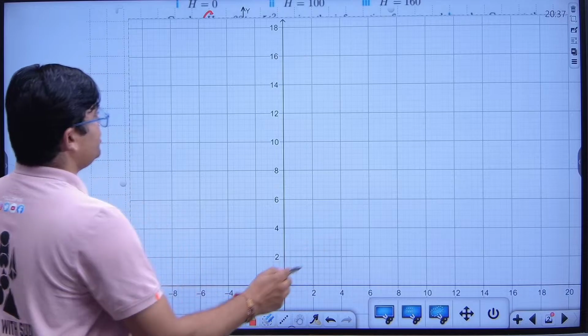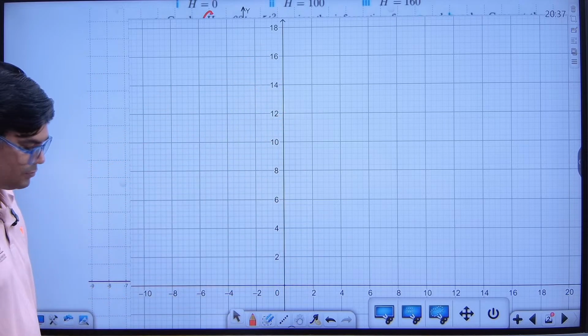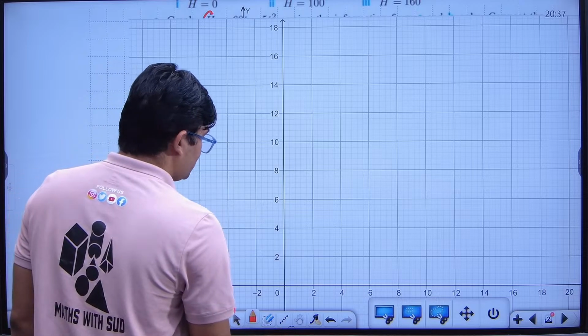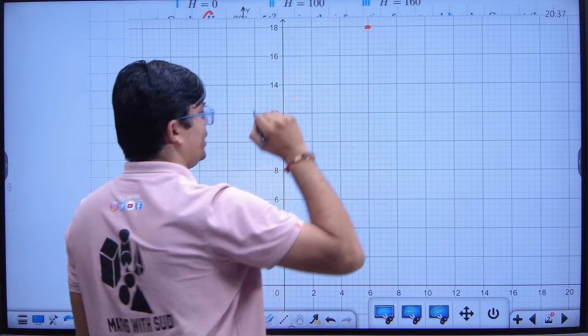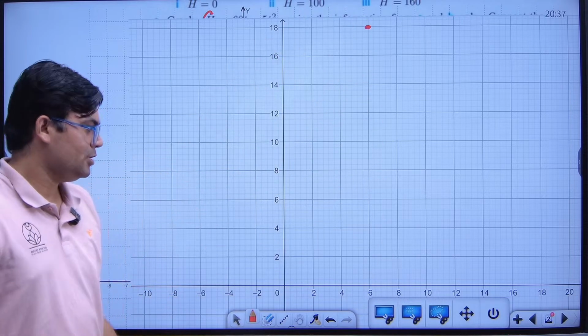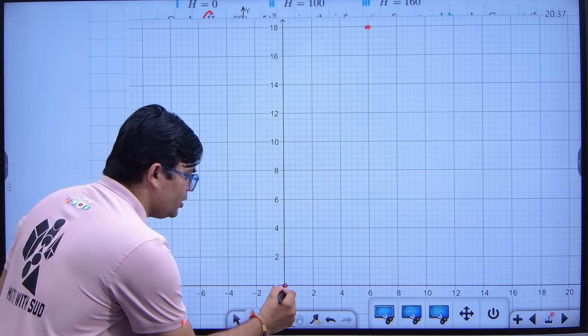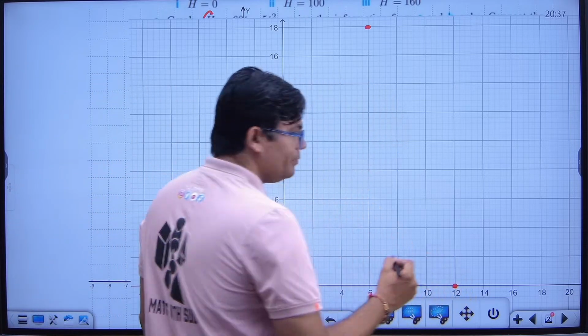Okay, now can you see these values? The first value was, when it was 6 seconds, the highest height it got was 180. So 6 comma 180 is the highest. At 0 it was 0. At 12 it was 0. Are you getting it? Yeah.